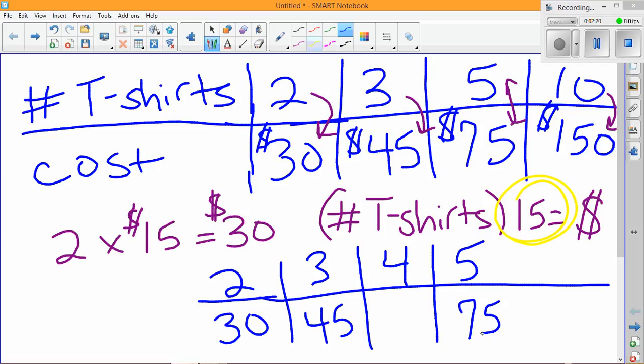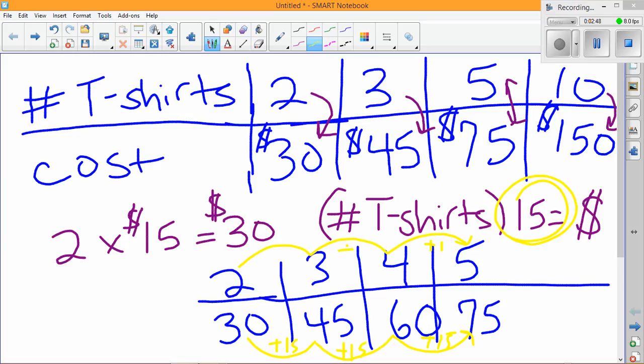So you have 30 plus 15 gives me 45. And 45 plus 15 will give you 60. And 60 plus 15 gives me 75. So I've gone up by 15 each time, as long as I've gone up by 1 each time here.